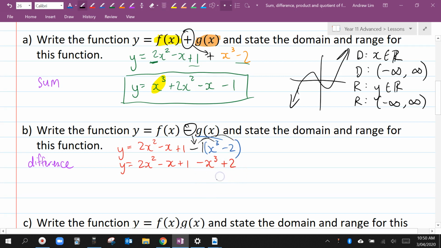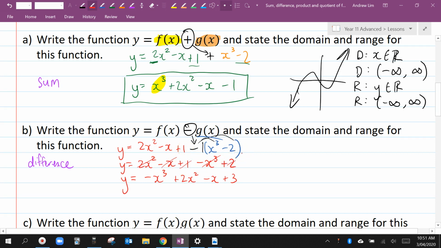And now we can collect like terms. So our final answer is minus x cubed plus 2x squared minus x plus 3. If you want to cross them out as you go, that's fine. So we've done minus x cubed, we've done plus 2x squared, we've done this minus x, 1 plus 2 is 3.